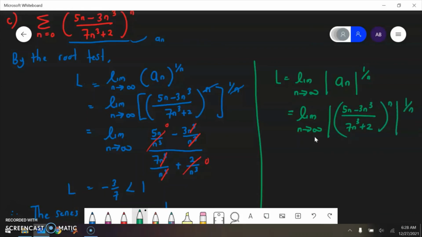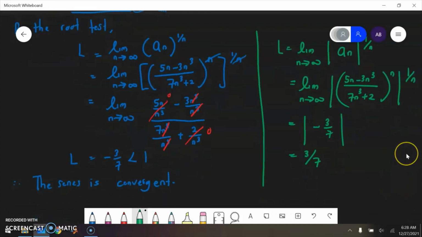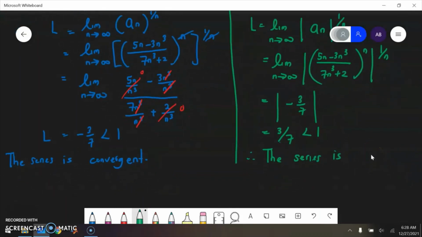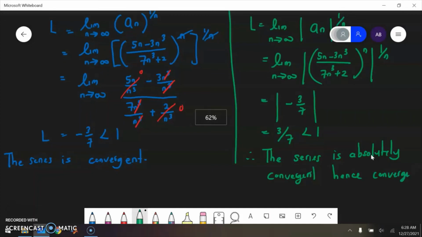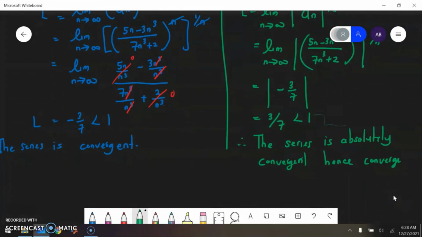Now simplify what you get here. You will get negative 3 over 7 with an absolute sign, which is 3 over 7. Now 3 over 7 is also less than 1. So you can say that the series is absolutely convergent, hence convergent.